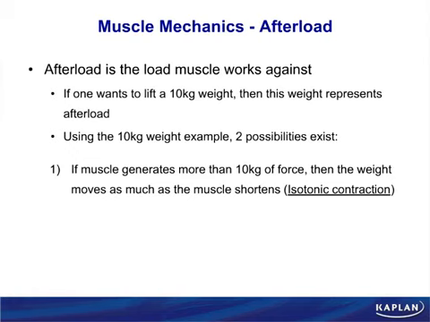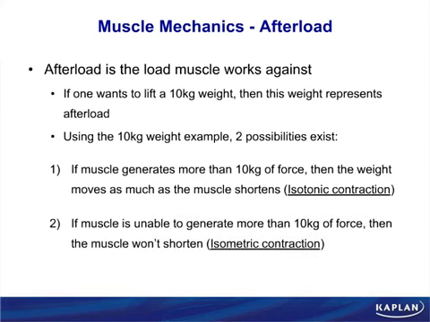If you can generate more than 10 kilos with your muscle, then the muscle shortens. That's an isotonic contraction, which we mentioned in the previous chapter. Now, if your muscle is unable to generate more than 10 kilos of force, then the muscle won't shorten. That's an isometric contraction. So you can imagine that there are afterloads out there which are going to force you to perform an isometric contraction.